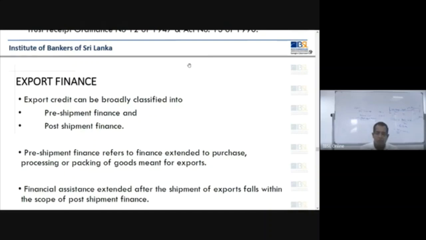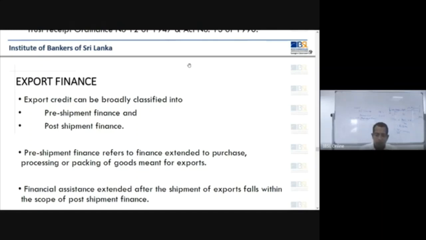Then what we do is go to a bank and get a packing credit line. That is the pre-shipment finance. We need to purchase, do whatever processing, pack and keep the goods ready for export. To finance purchasing, processing and packing, we use a packing credit. It is a short-term facility, right? Based on the purchase order, we give an initial amount.